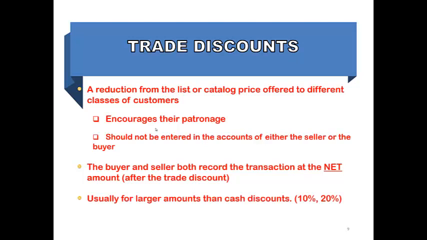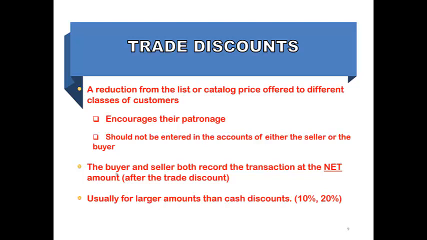For example, a hardware store may sell a 2x4 to a big contractor for $10, whereas if you or I go in, we would be charged $15 for a 2x4. And the reason is the contractor places really big orders and does a big volume of business. So the hardware store wants to encourage that contractor to continue to come back. So they offer trade discounts to those contractors.